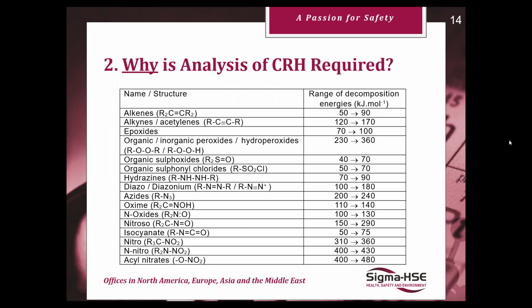So why is the analysis of CRH required? This table gives us an indication of a range of decomposition energies for different functional groups. We can see down at the bottom, a lot of the high energy decompositions tend to contain nitrogen groups.